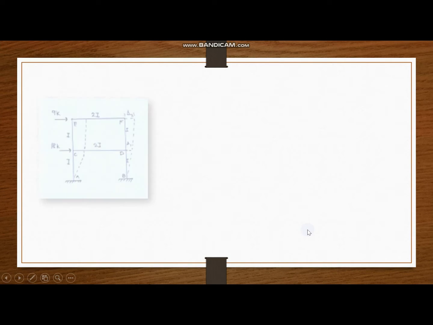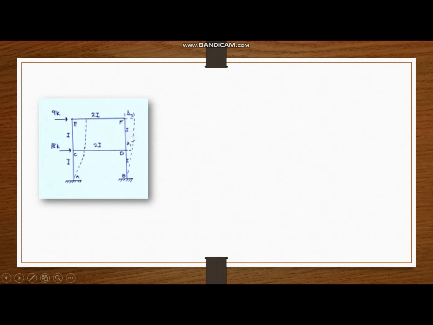Next, this is our actual deflected structure after we apply all the forces, which are 9 kips and 18 kips.